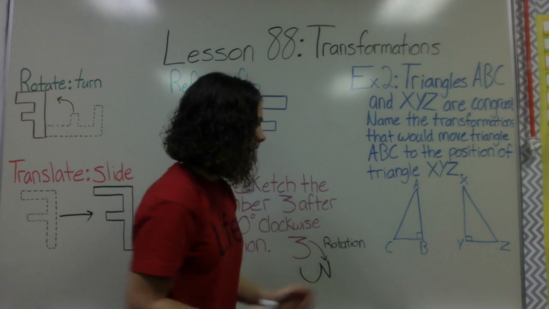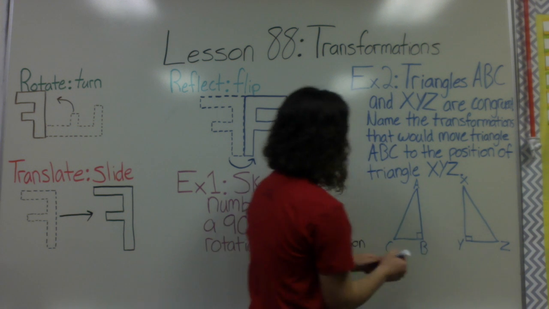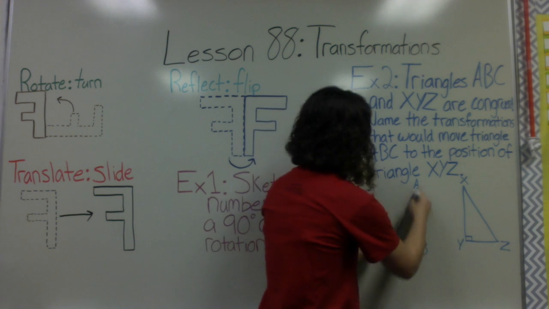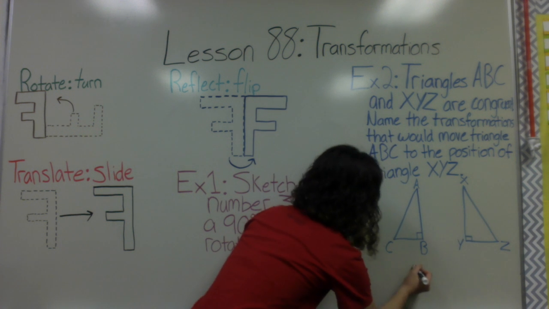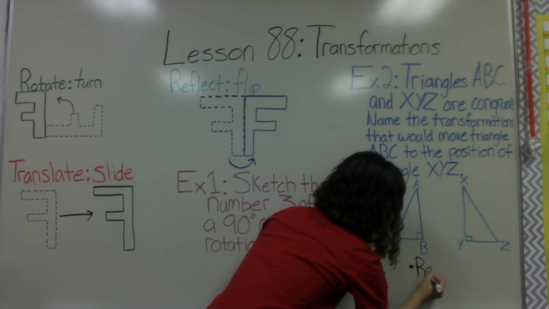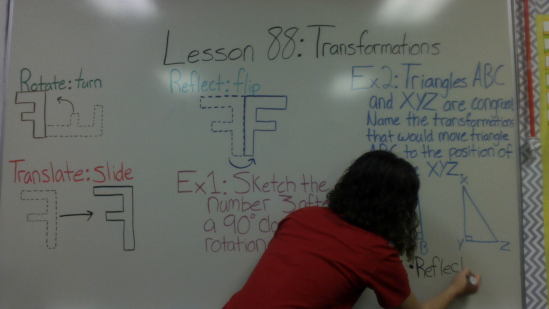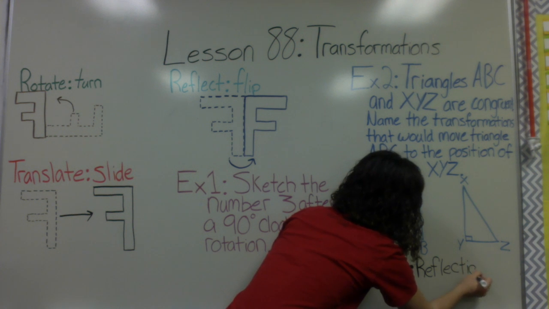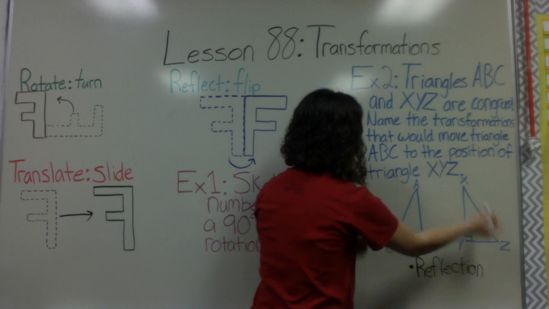So the first one is that it completely reflects itself. It has a reflection. It completely flips over onto its other side. So I first have a reflection. It reflects on this side, going to the other side.